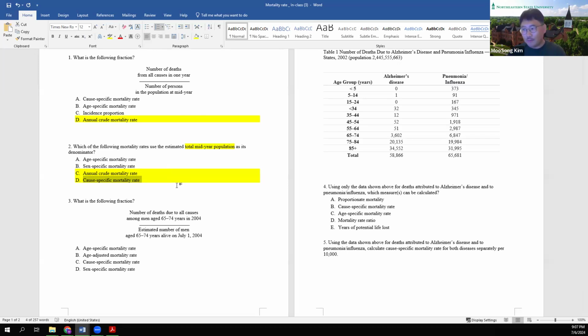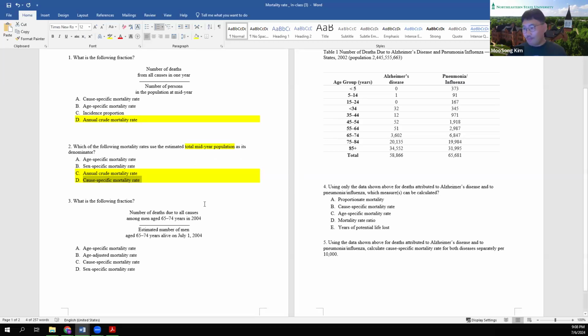Cause-specific mortality rates use total populations, whereas case fatality rates use the total number of deaths from a specific disease over the total number of people with a specific disease. So that is the case fatality rate, with that in the denominator. So the answers should be C and D.